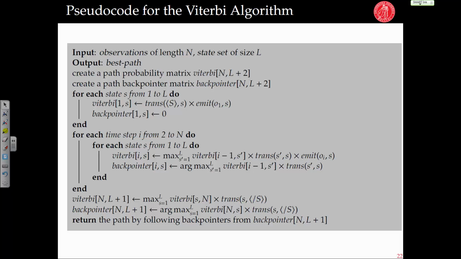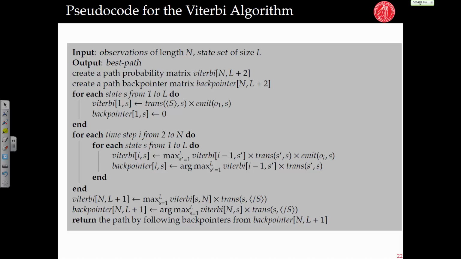And then we have this nested loop where we compute the Viterbi values, and this is, as you can see, an immediate translation of the formula we provided before. I'm not going to explain this again.